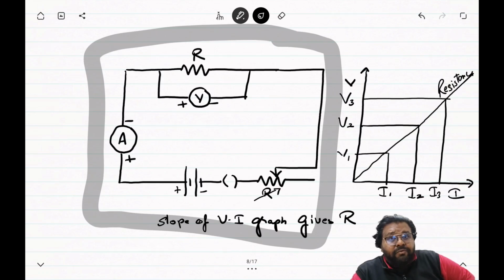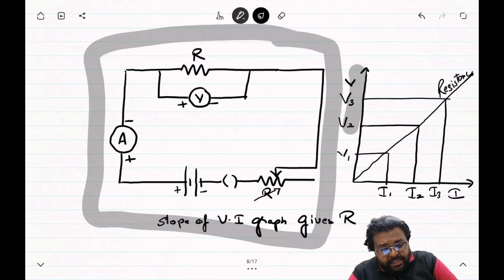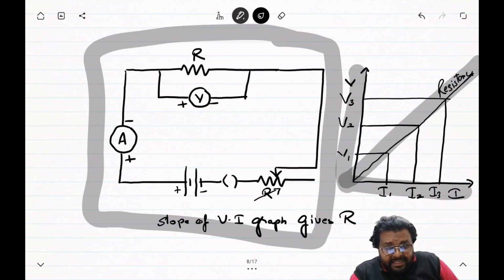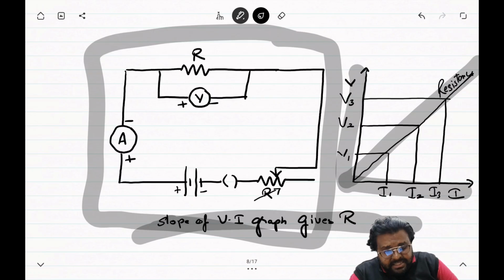When we take various values of V and I across that particular R, we plot a graph, and the graph is always an inclined line. It's almost an inclined, straight line to a particular extent. After that extent it loses its directly proportional behaviour, which you don't have to study.